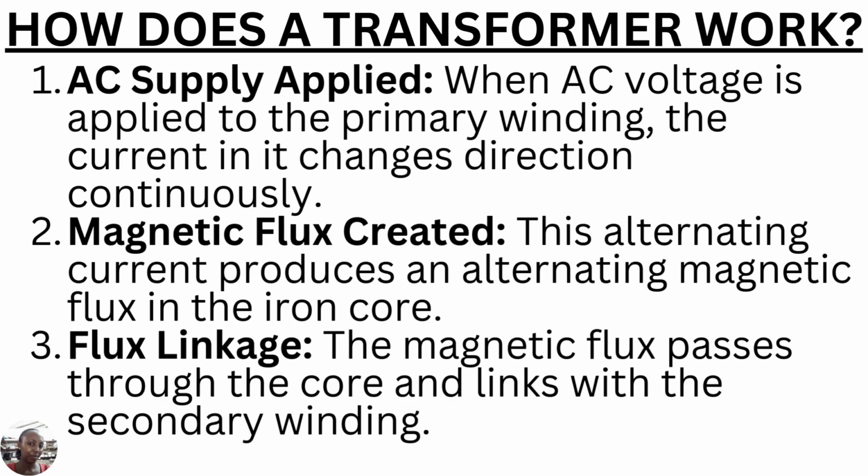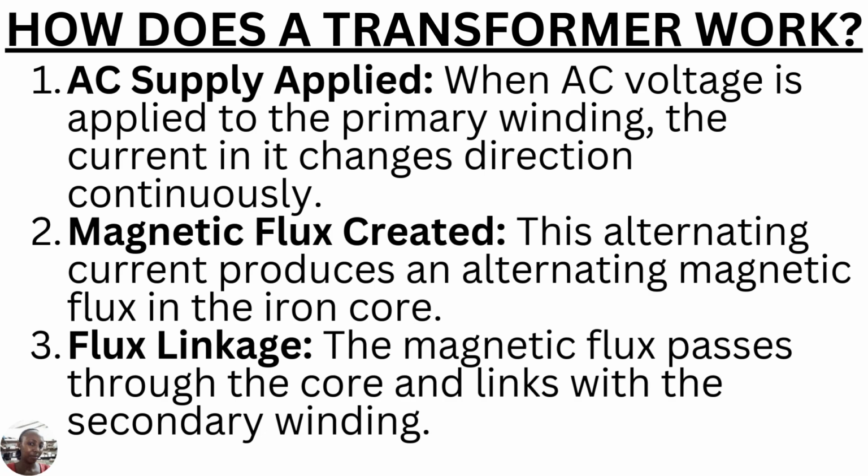Now let us look at how a transformer works. First, an AC supply is applied to the primary winding. Because the supply is alternating, the current changes direction continuously. This changing current produces an alternating magnetic flux in the iron core.